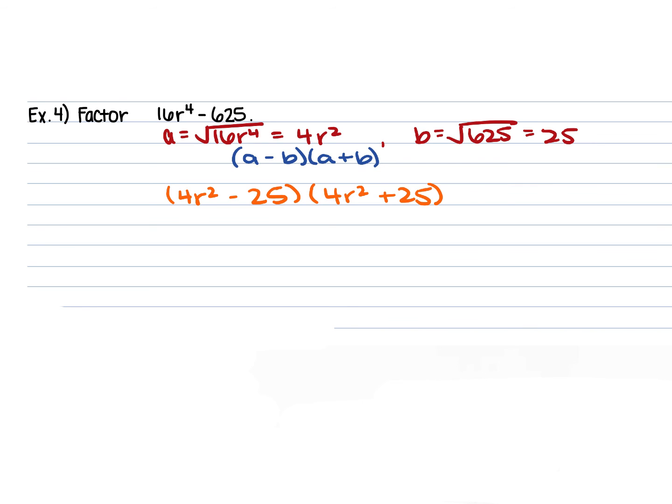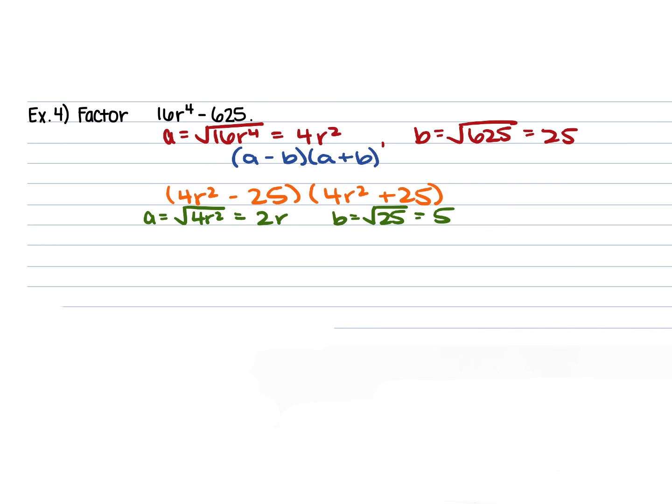For the 4r squared minus 25, check to see if you can take the square root of both of those terms. For A, the square root of 4r squared, you can do, that's 2r. For your B, that would be the square root of 25, which simplifies to be 5.